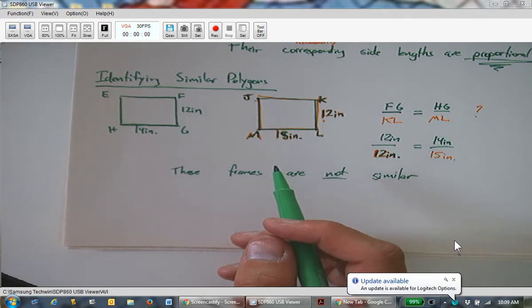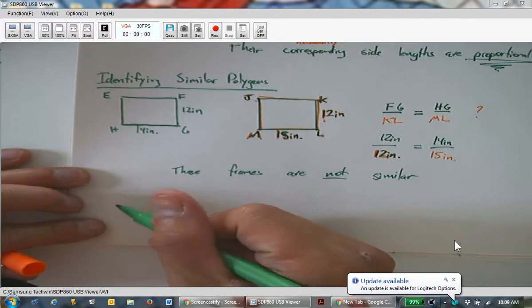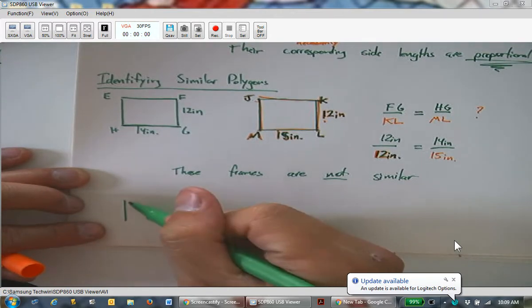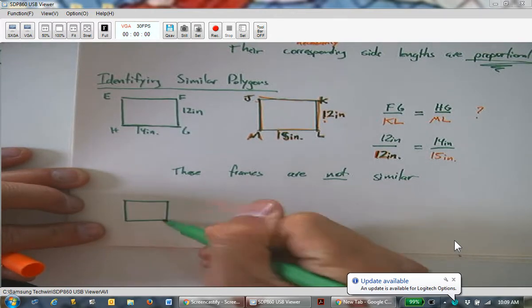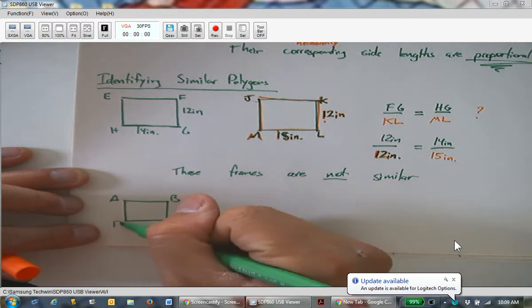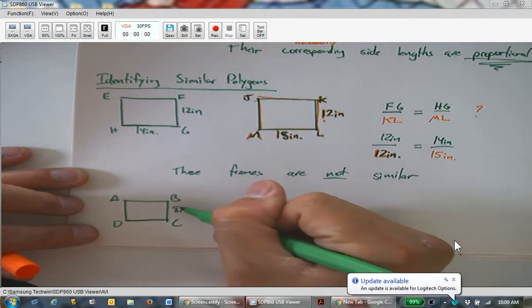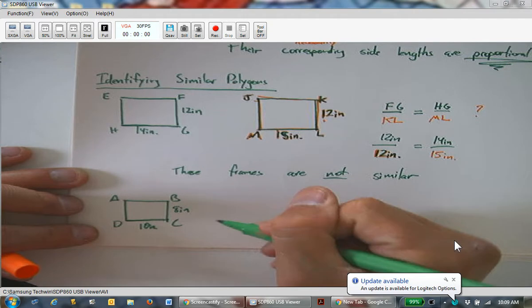Now it is going to be your turn to try. Let me do another one now, same kind of setup. This would be from A to B, 8 inches, 10 inches, versus JKML, 12 inches to 15 inches. I want you guys to show me all the work. This will be a whiteboard problem.